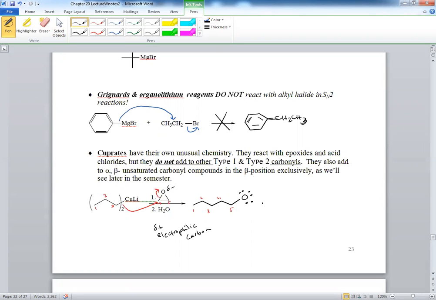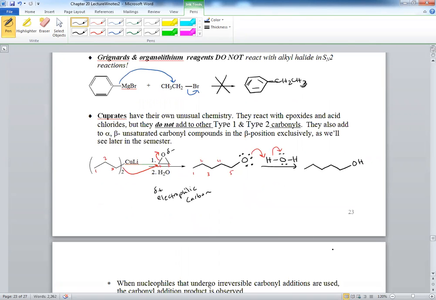We now protonate and we end up with an alcohol. So once again, we're building up our arsenal of reactions so we can make an alcohol from an epoxide using organocopper reagents.